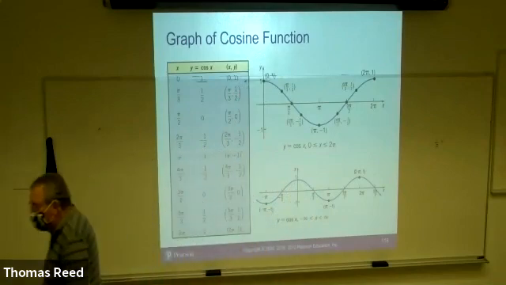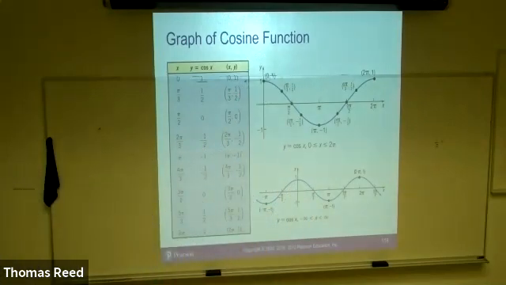So sine and cosine are just a period shift. And so cosine of 0 is 1, and the cosine of 1/3 pi is 1/2. The cosine of pi over 2 is 0.